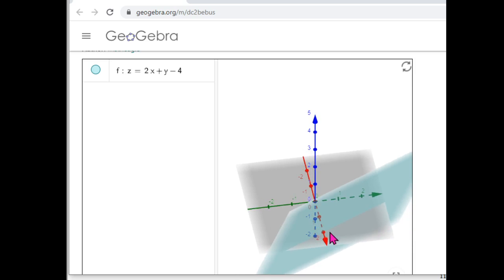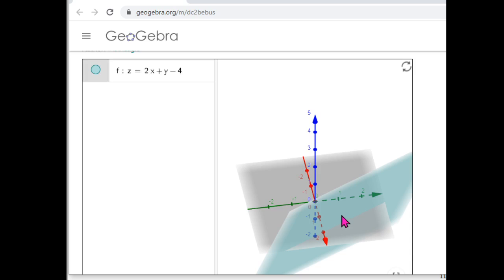Maybe I'll rotate the picture here a little bit. So 2, 1. From where my mouse cursor currently is, I'd like to try to head up in the same direction that the blue z-axis is pointing.